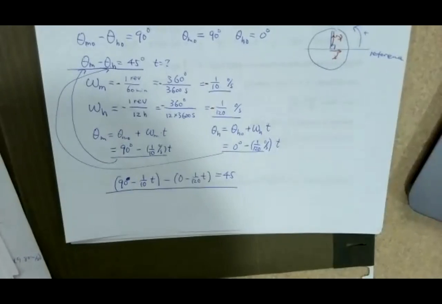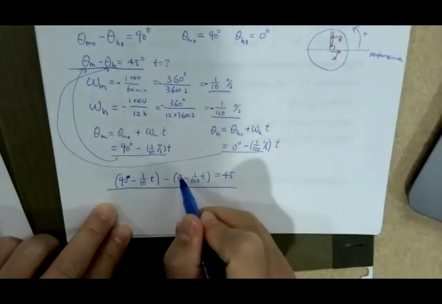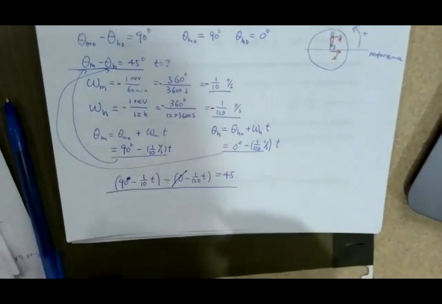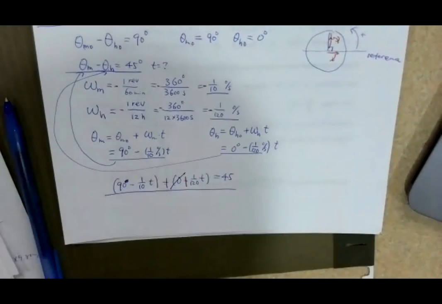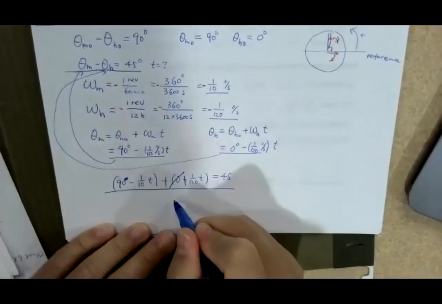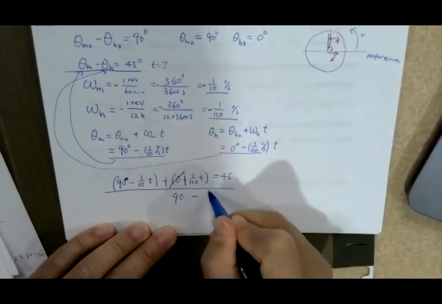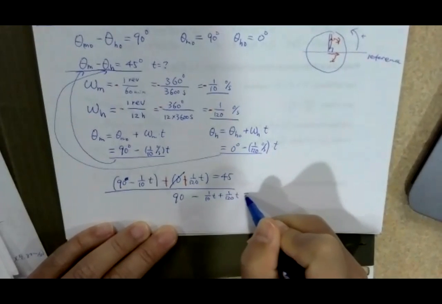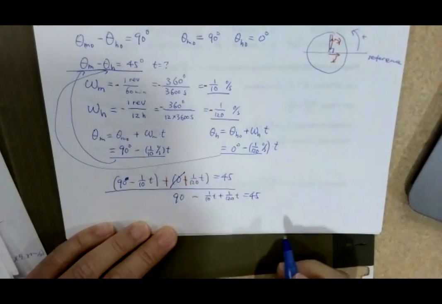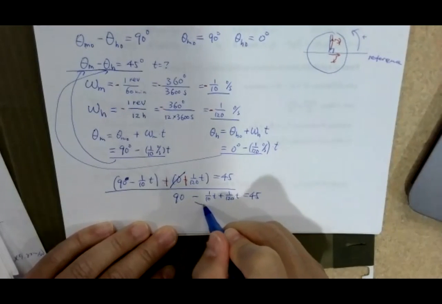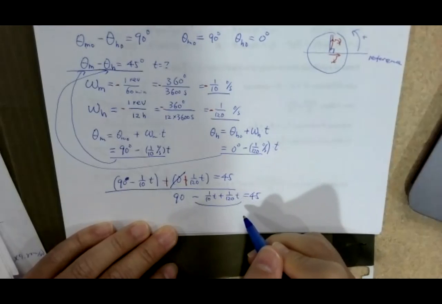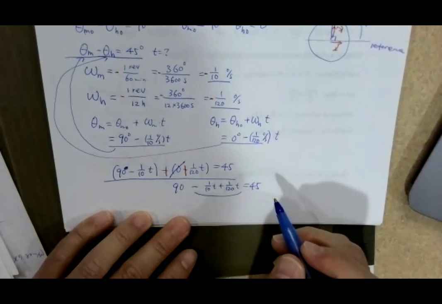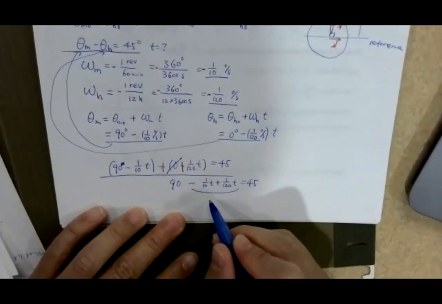So this is 0, so that goes away. Minus minus becomes positive. So 90 minus 1 over 10 t plus 1 over 120 t equals 45, right? You move the terms with t to one side of the equation, or isolate them, or whatever you want to say.